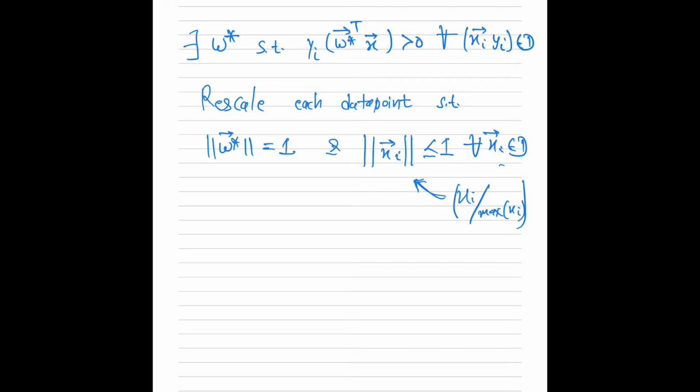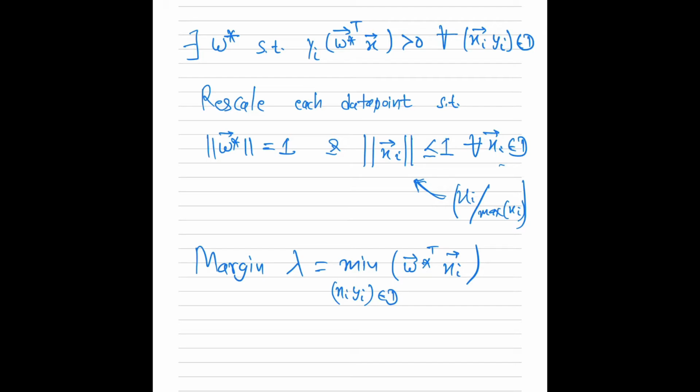Before I go on, let me define a term, margin. I define my margin lambda as the minimum over (xi, yi) in D of yi w star transpose xi. Now my w vector becomes more similar to the w star vector, resulting in a large inner product.